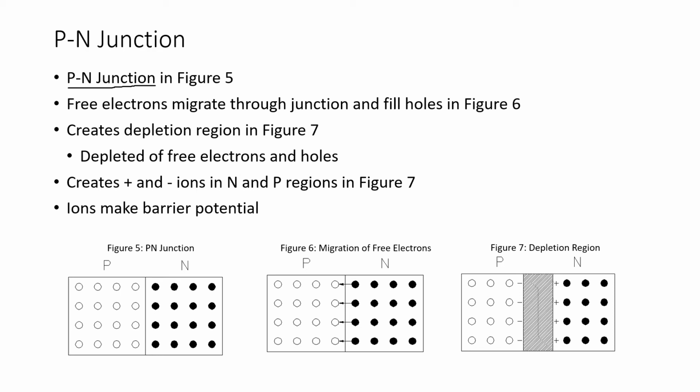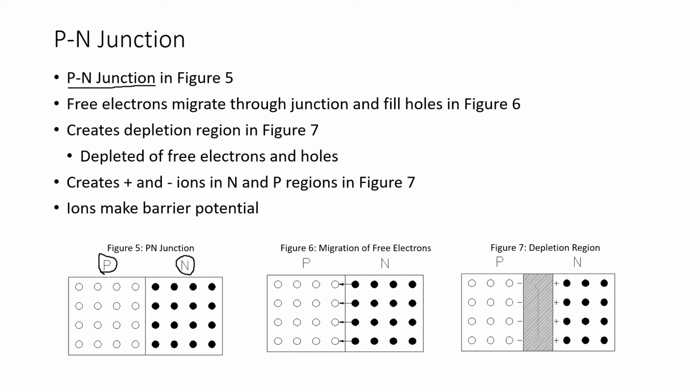So we have this region of P-type material, and again, remember the P-type material has holes. The holes are represented with the circles, and the N-type material has unpaired electrons or free electrons, and those are represented with the dots.